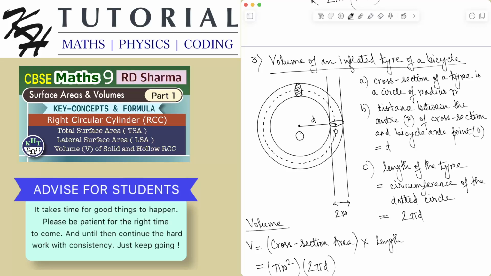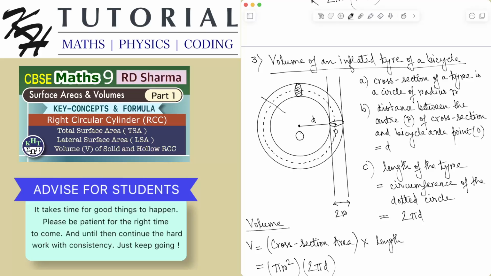The idea is that you can consider this circular tire as a RCC. If you cut this circular inflated tire like this, and flatten it, you will see it will become a right circular cylinder.